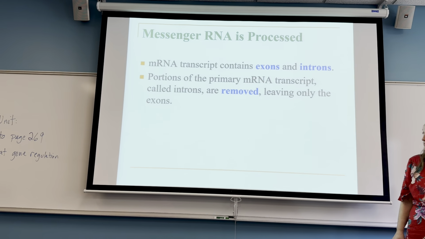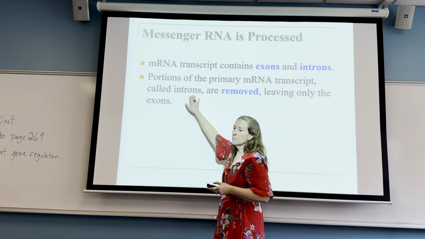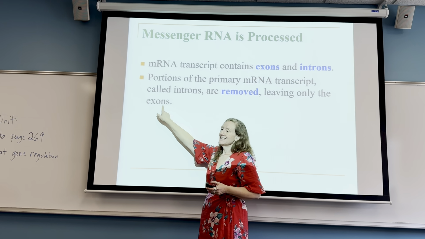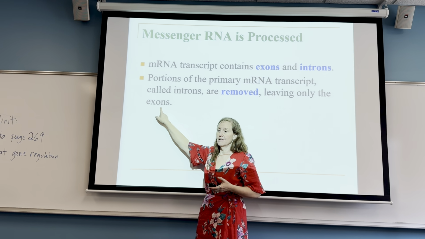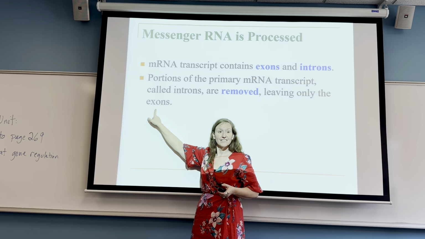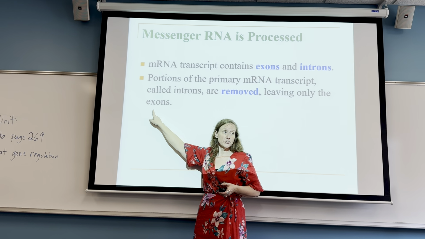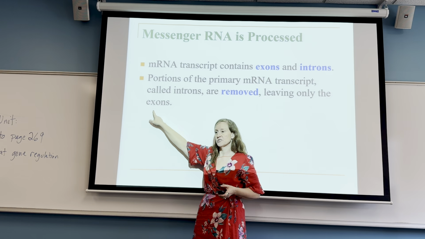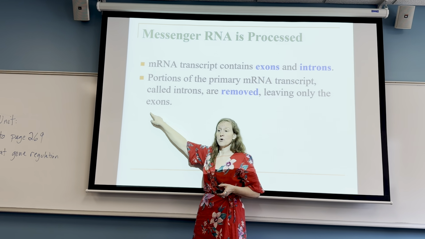So if you're like exon, intron, the introns are what we would call a junk portion of the DNA. The exons are the important stuff. You can remember that perhaps by remembering that exons exit the nucleus. If they are the mRNA portion that is going to exit the nucleus, that is going to go to the ribosome and be read into protein.